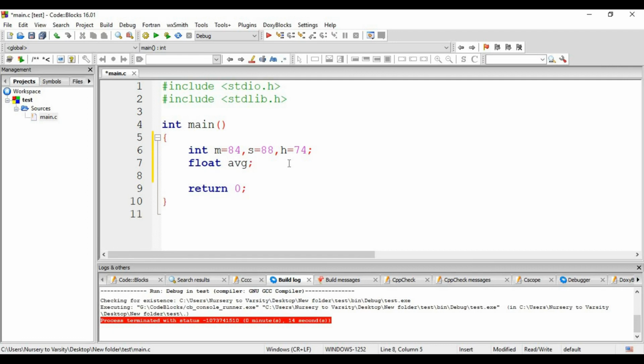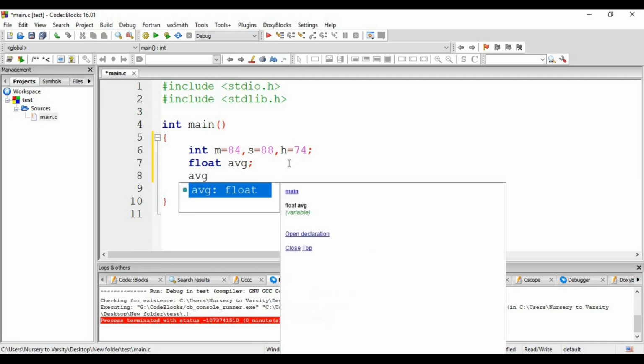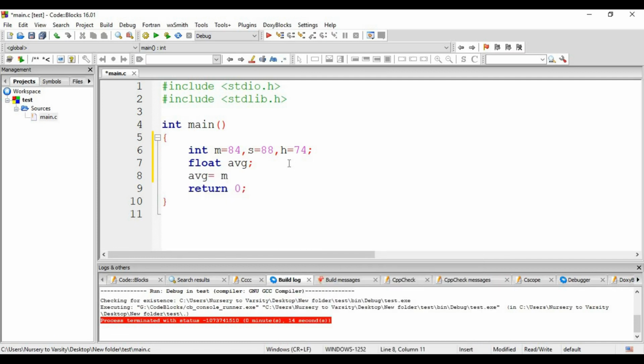Now let's calculate average = (m + s + h) / 3. Okay, this statement is a mixed mode arithmetic statement. In this, both the integer variables and real variables are included. So that is all about the arithmetic instructions.